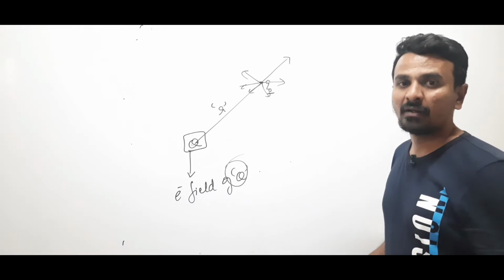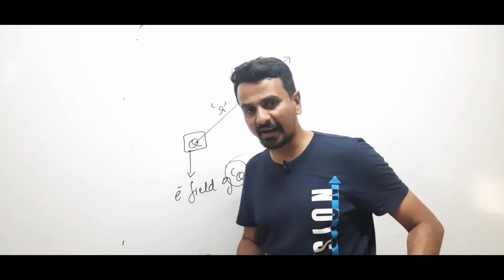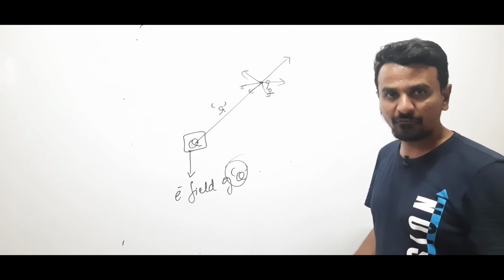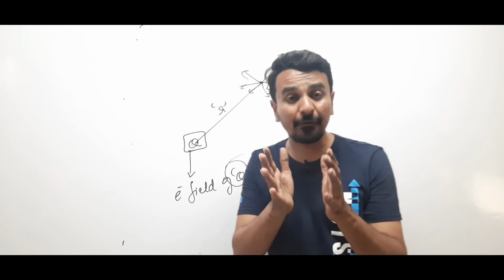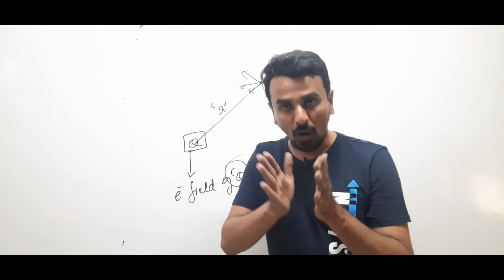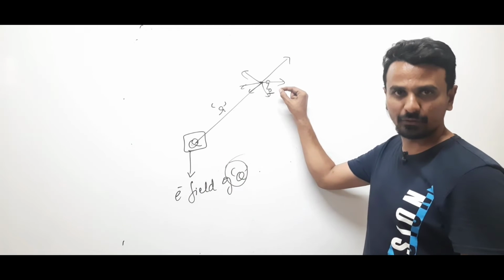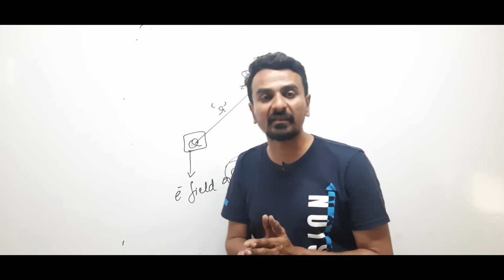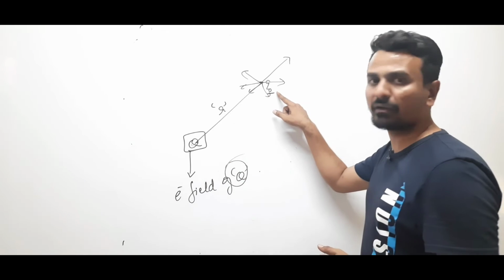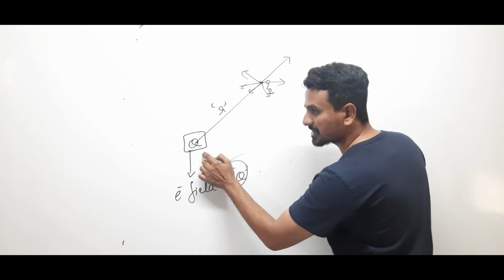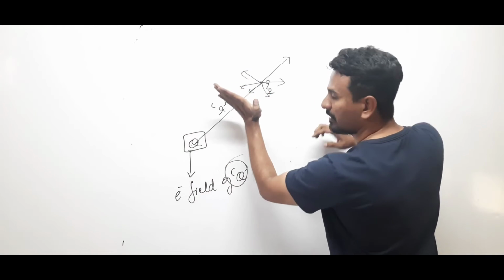The problem is, see, this thing is to be understood very clearly. We want to calculate the electric field of capital charge Q. For that, because electric field is the effect produced by the charge, to study the effect of one charge, I am taking this charge Q0. But the problem that arises is, since this is also a charge, it will create its own electric field. Clear? This charge, its electric field is in this direction.